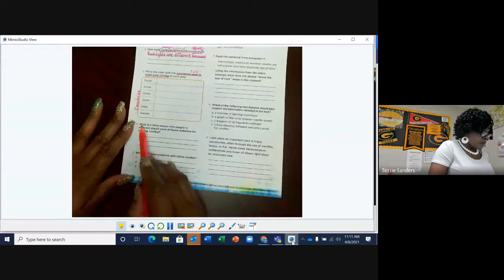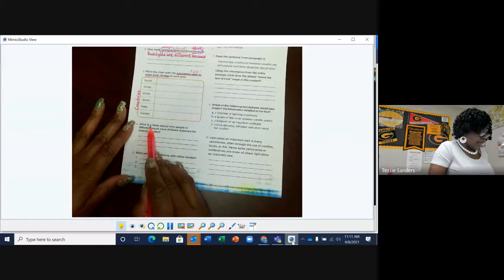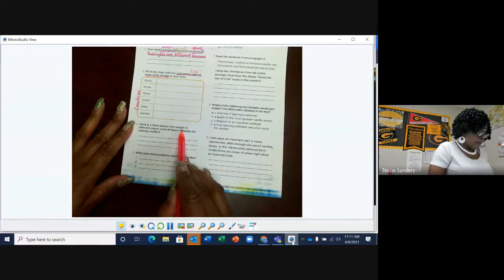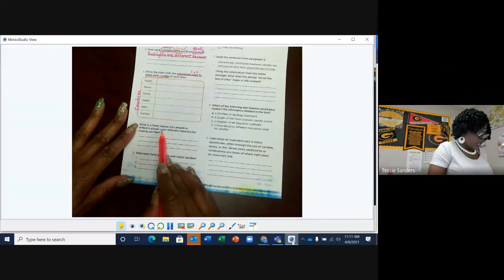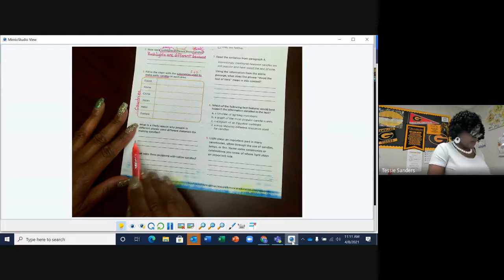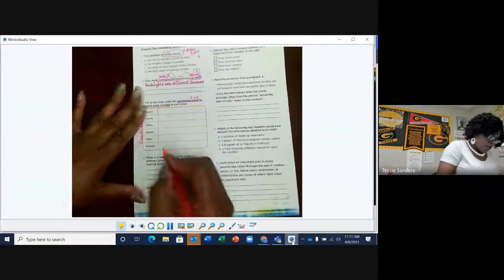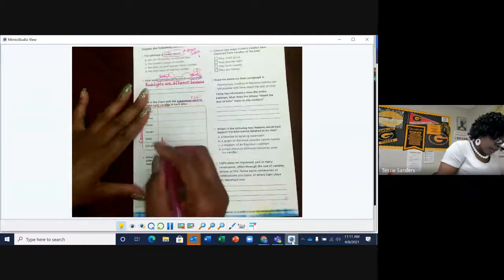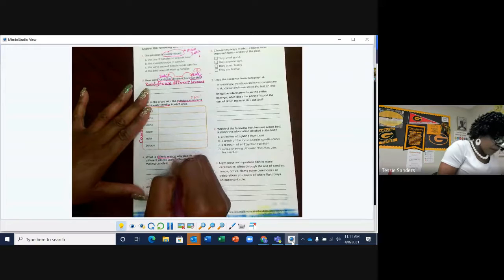Number 4, read. What is a likely reason why people in different places use different materials for making candles? What is a likely reason? Put a box around likely reason. Now, this is an inference. Likely reason why.